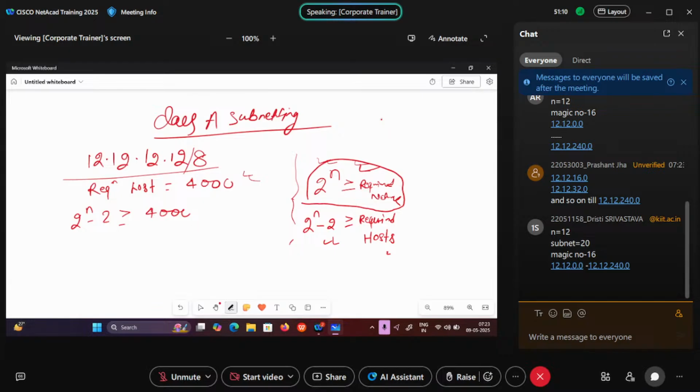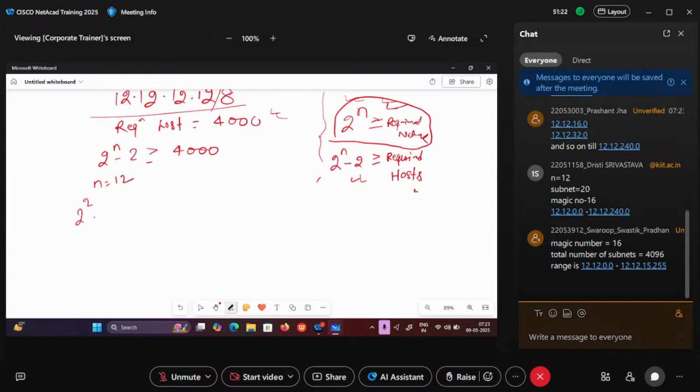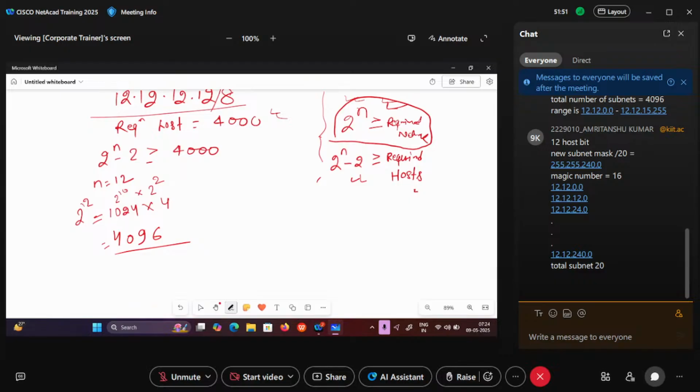If you use n equal to 12, 2 raised to the power 10 is 1024, into 2 raised to the power 2, I mean 4, it will become 4,096. So that is the accepted value. If you got the n value as 12, just make it 12 bits.